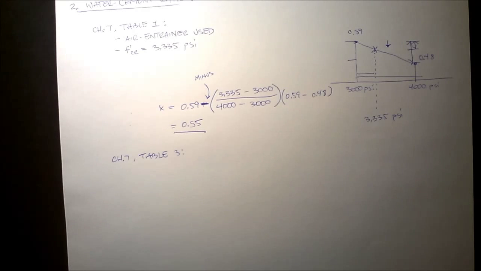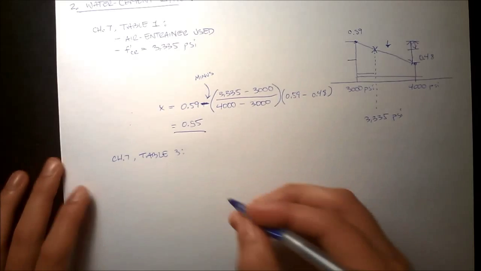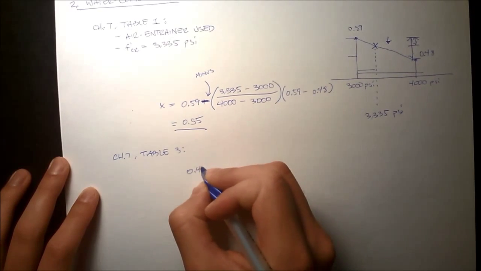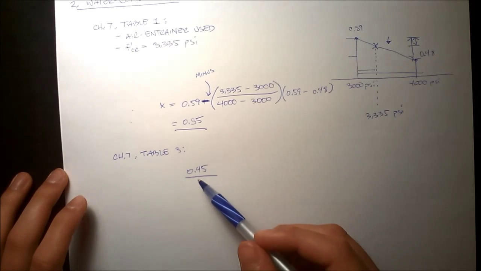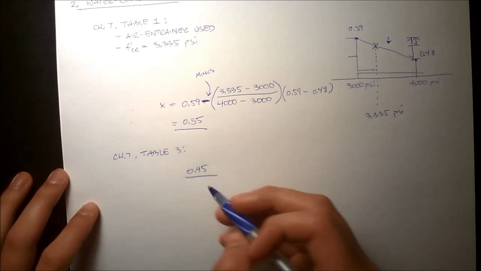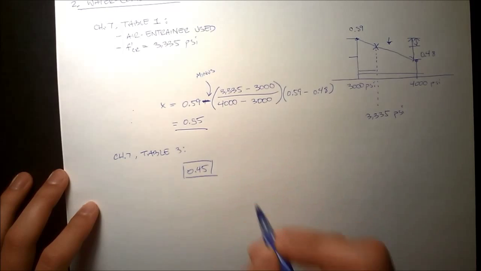If we go back to our design statement, the design environment is a pavement slab in Bozeman, Montana, which is a cold climate. So we're going to use this value, 0.45, for those conditions, and that's actually smaller than the 0.55, so this is the value we're going to use.